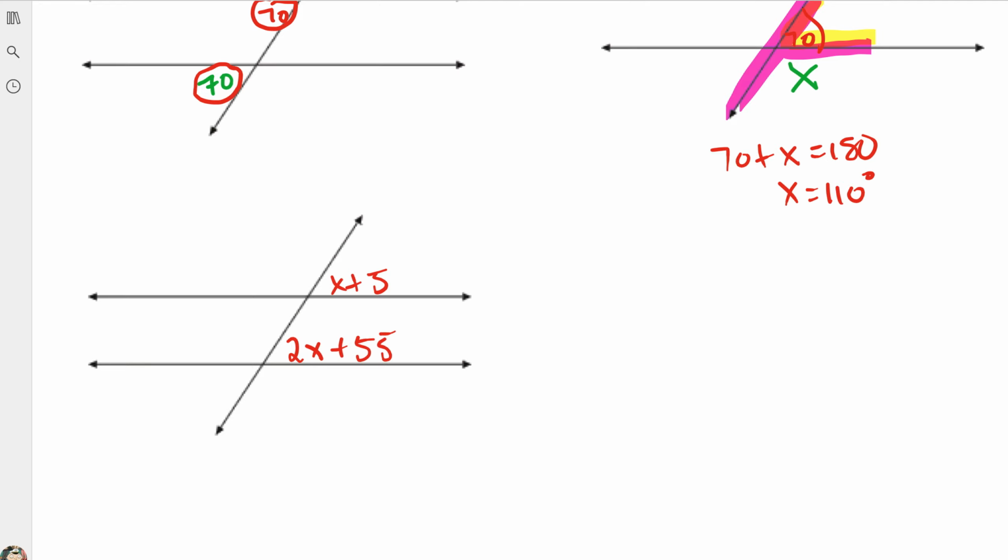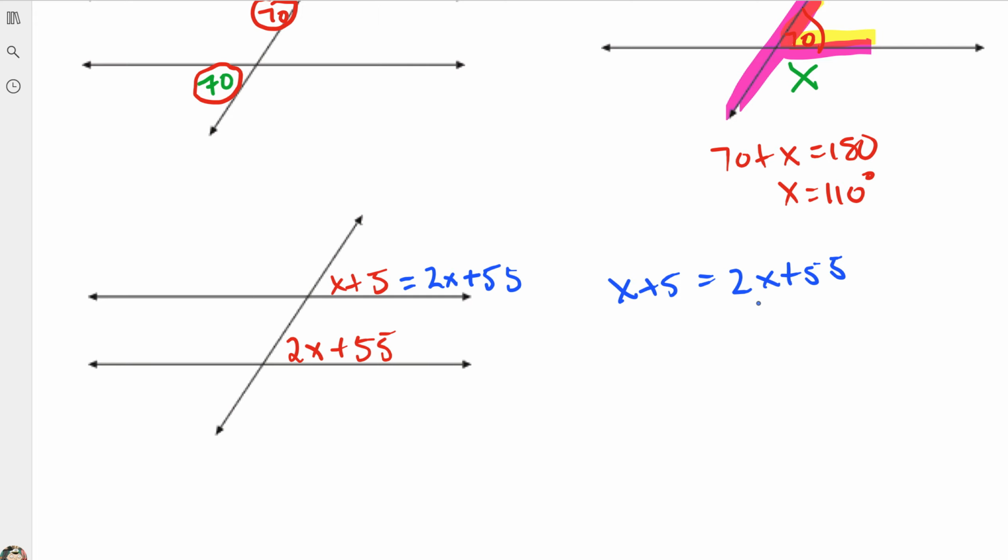So if you notice these angles, these are corresponding angles. So if I tried to match them, well, they're the same. So if they're the same, I can set them equal. Corresponding angles are equal, so things that are equal, we set them equal and solve.